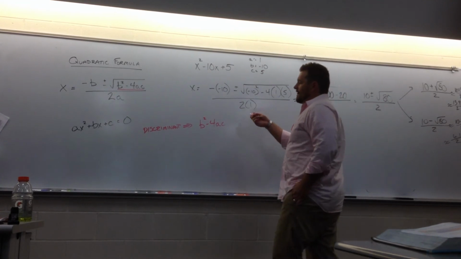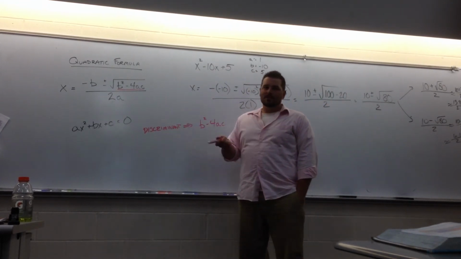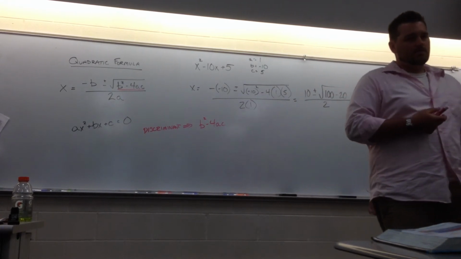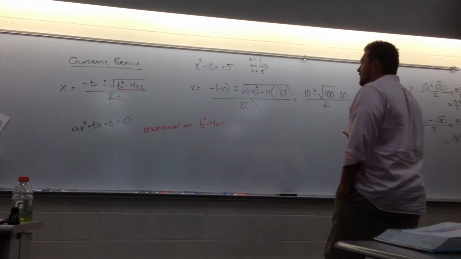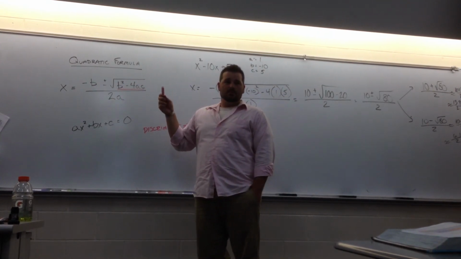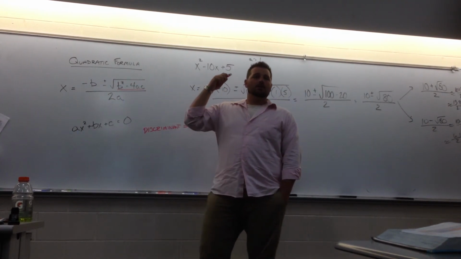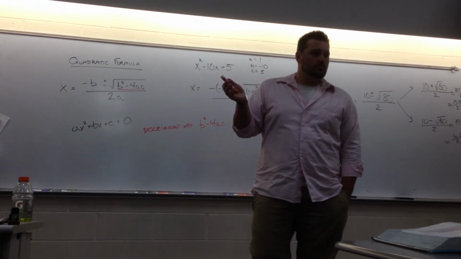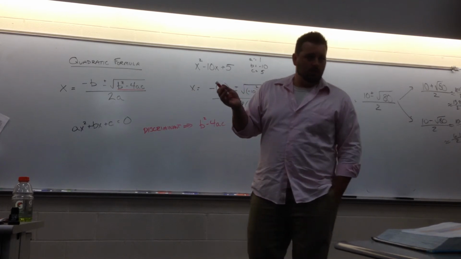Now, the discriminant can tell us how many solutions a quadratic function has. Okay? Because let's look at it. It's underneath the square root sign, right? Can we have the square root of a negative number and have a real number solution? No. Okay?